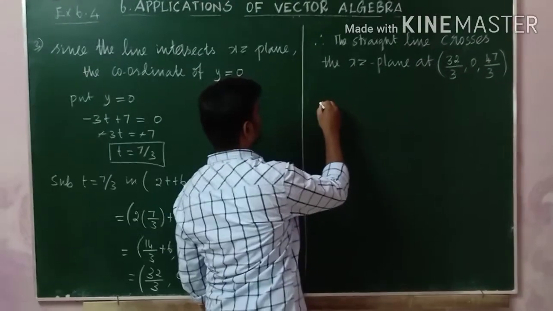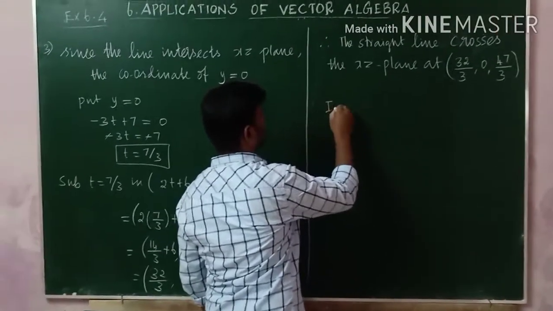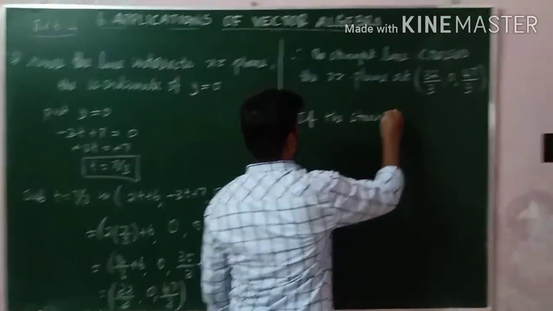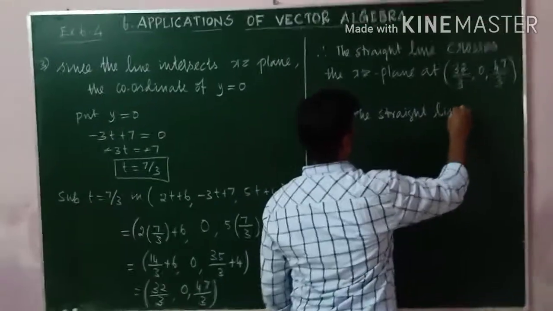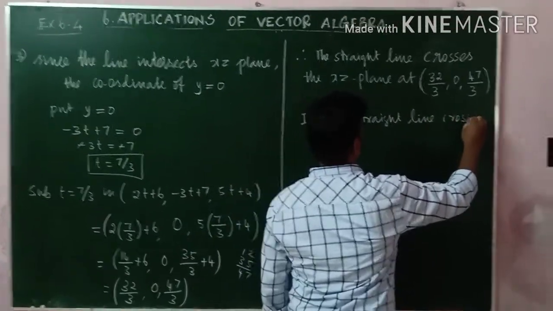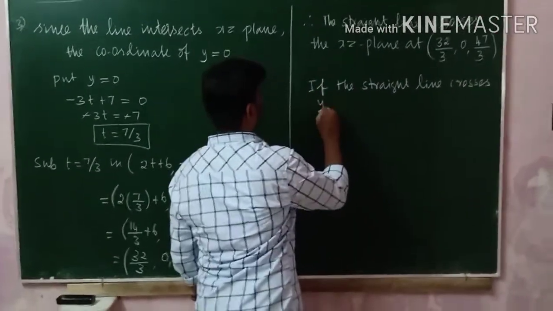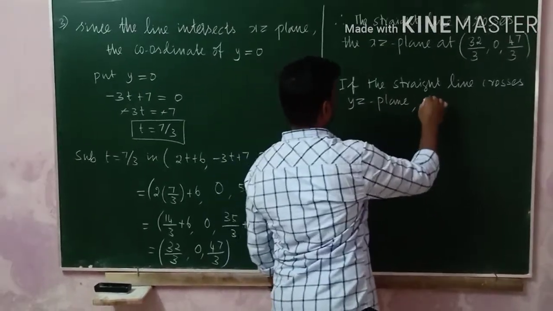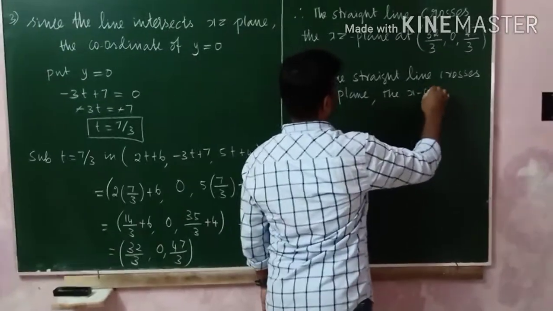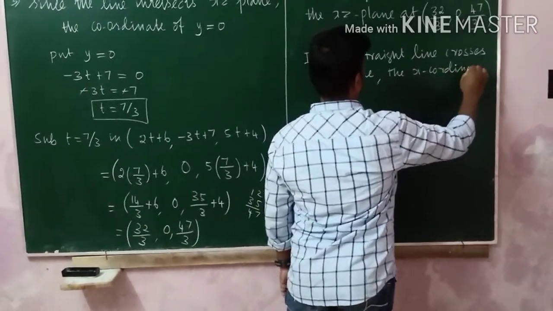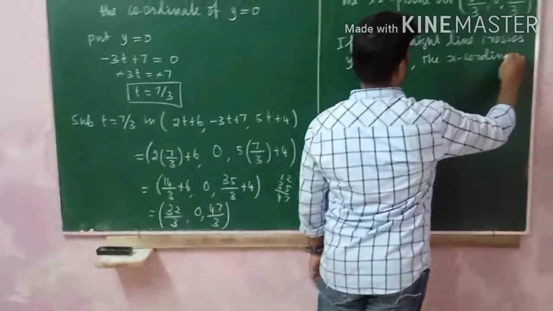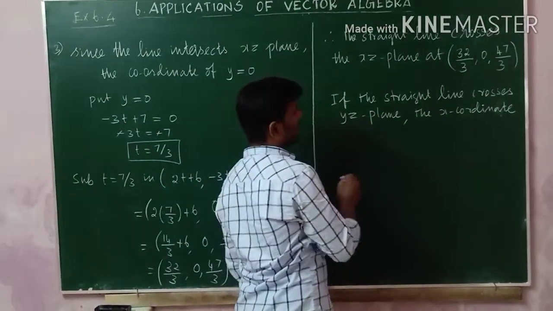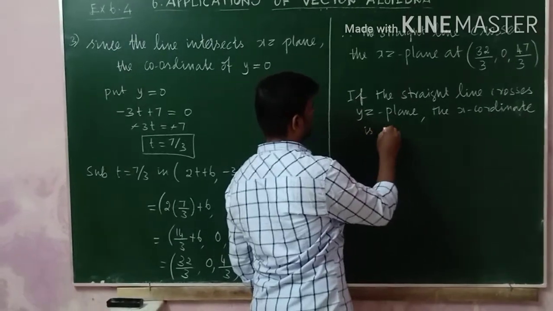Suppose the straight line crosses the YZ plane, the x coordinate is 0.